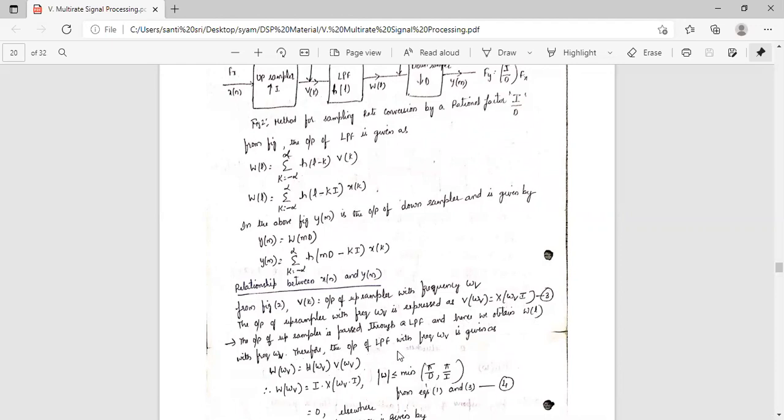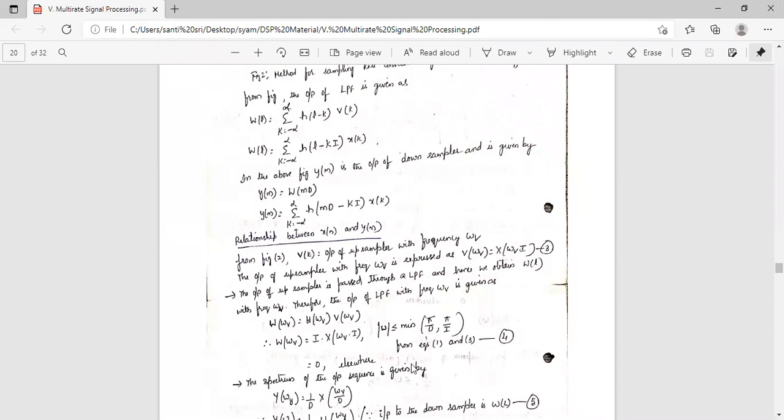Therefore the output of the low-pass filter is W(omega v) equal to H(omega v) into V(omega v), which equals I into X(omega v into I), where mod omega is less than or equal to the minimum of pi by D and pi by I, from equations 1 and 2. That is equation number 4, and it is 0 elsewhere.